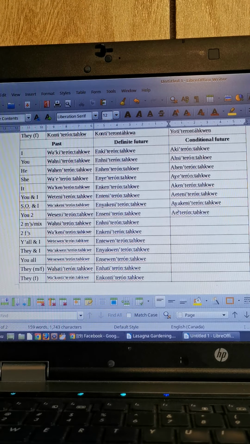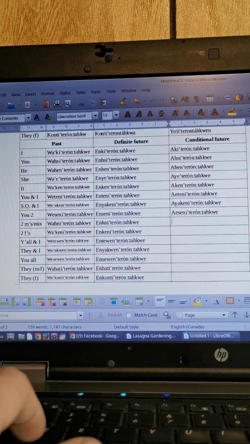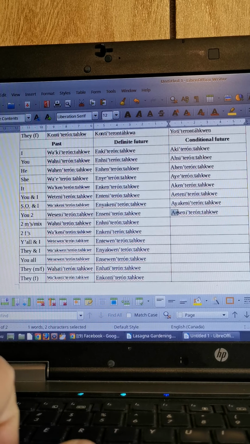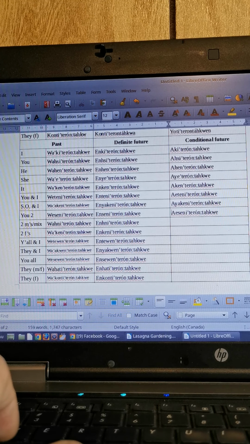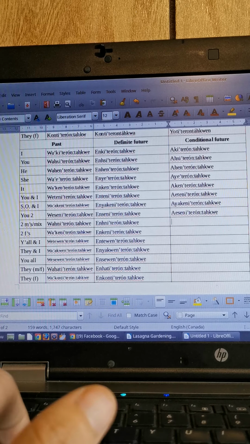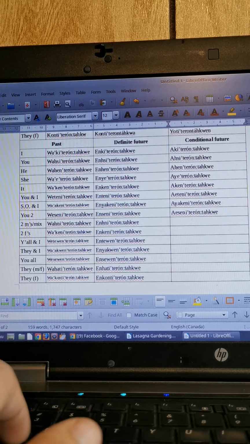Also, in our dialect in Six Nations, we pronounce this I, A-E. I dini, I zini. In other dialects, out in Kanasadage, they pronounce it A-E, zenit terontahkw.